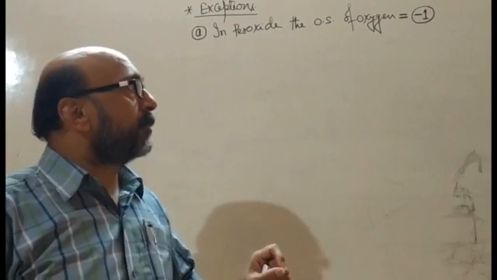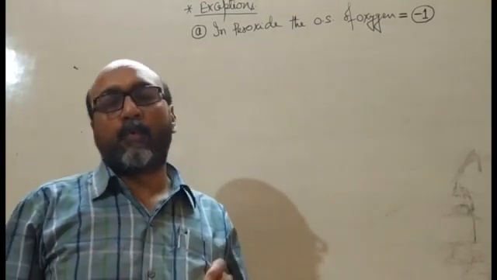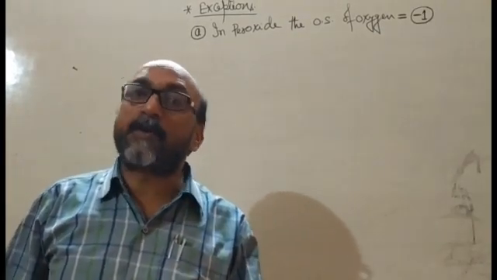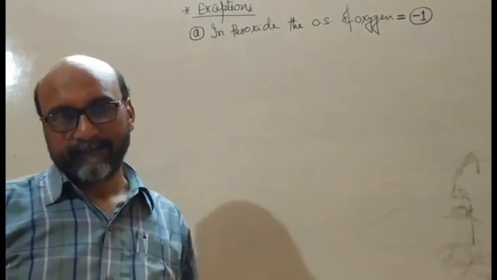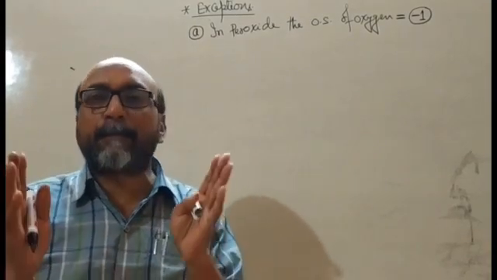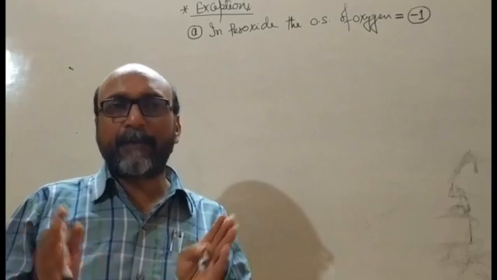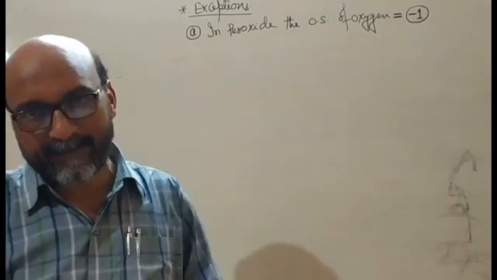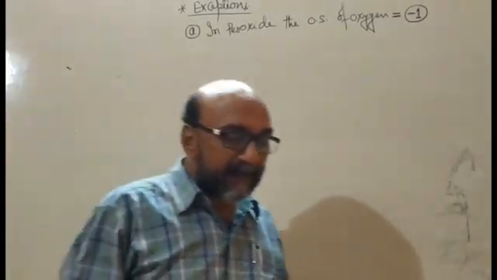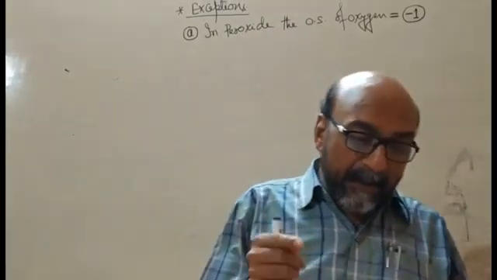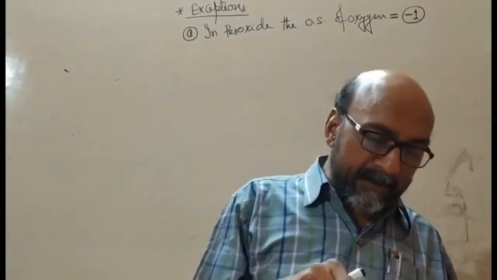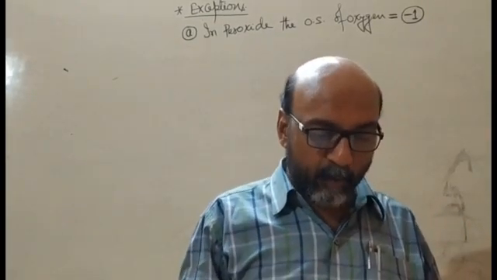We should know what peroxide means. The peroxide is a bond between two oxygen atoms. In peroxides, the oxidation state is -1.